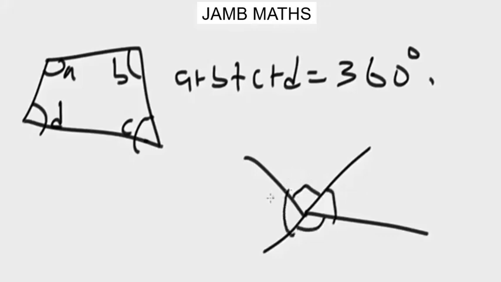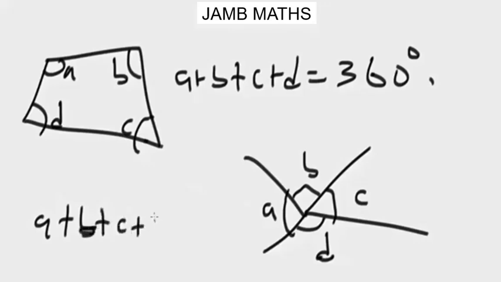Let's say this is angle A, angle B, angle C, and angle D. In an example like this, angles around a point, angle A plus angle B plus angle C plus angle D will sum up to give 360 degrees. Very important.